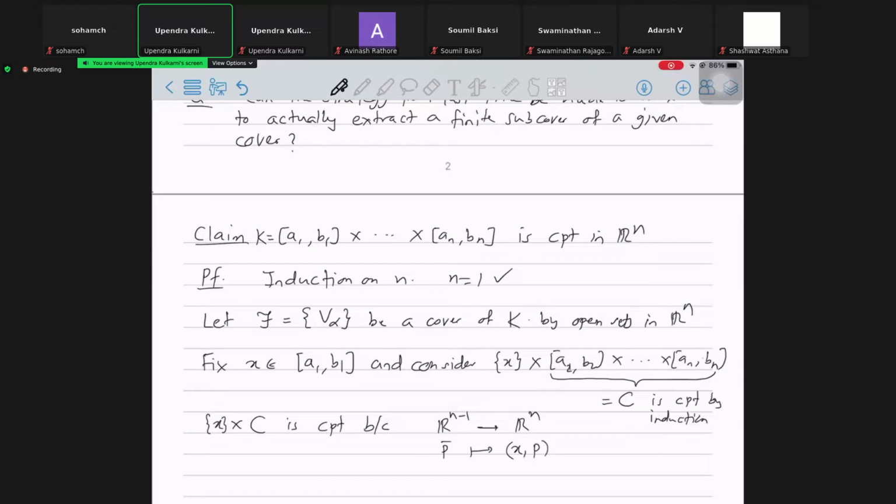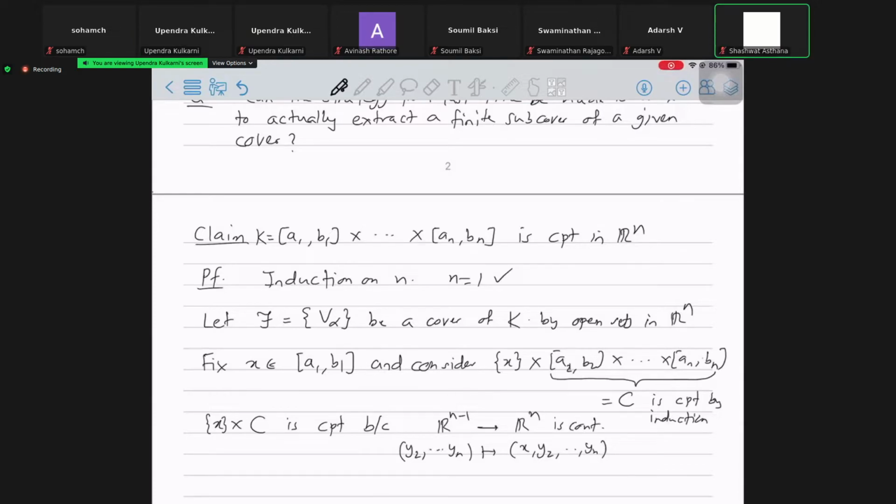Or let's even do this. Let's not be lazy over here. So let us say I have y2 up to yn goes to x, y2 up to yn. And what can I say about this function? Continuous.